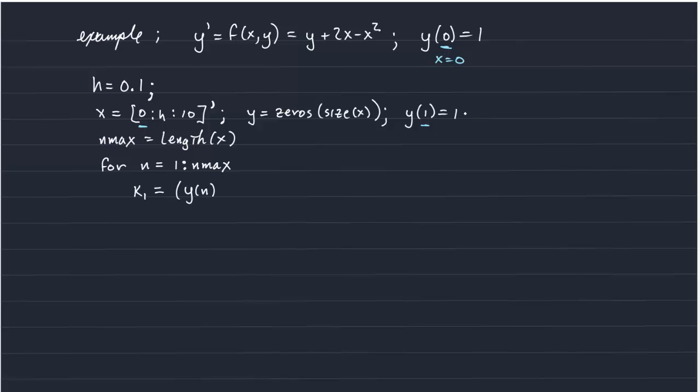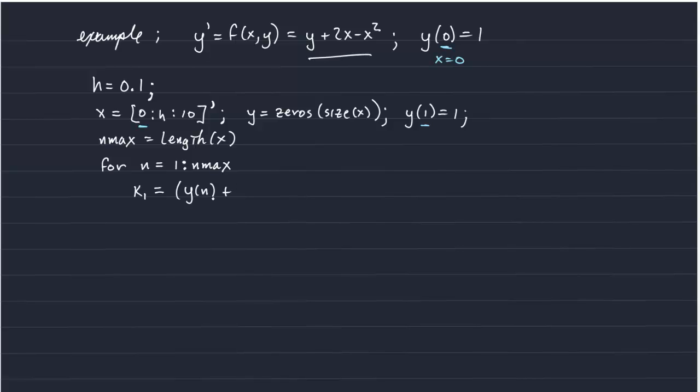Okay, so now back to stepping through each point. The first time through the loop, n will be equal to 1. So it will take y1, which we've defined to be 1, and then calculate the slope based on that point. And the slope is given by this equation.